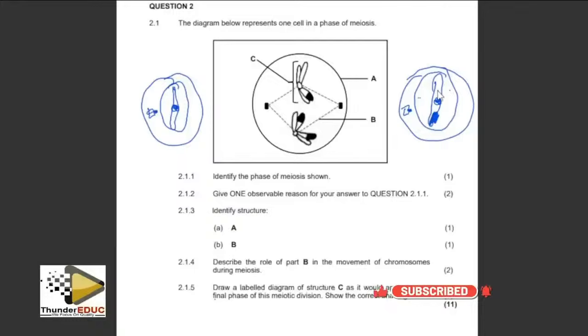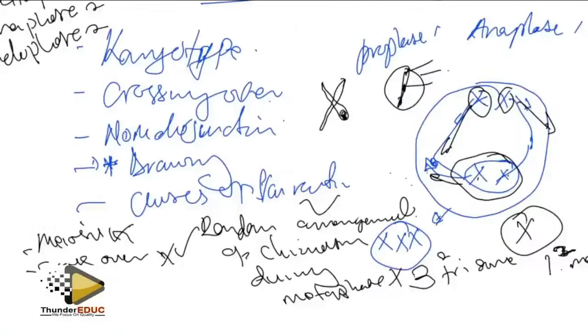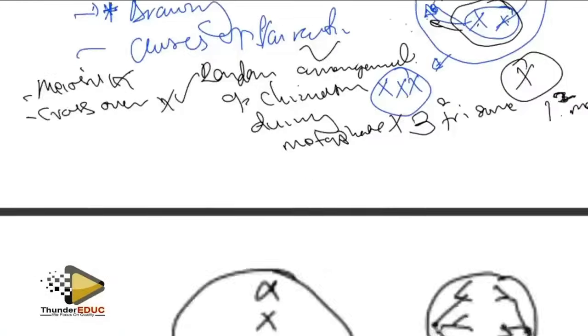Then after that, give a title and then you label cell membrane, nuclear membrane. Now you can talk about centromere, and then this is not a chromatid. This is a chromosome. These are called unreplicated chromosomes.